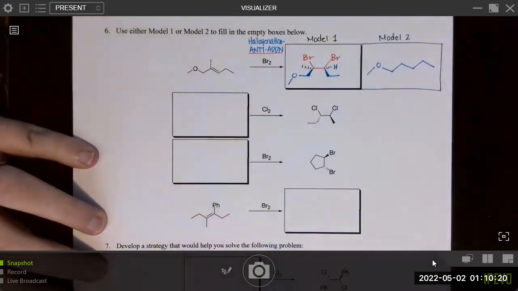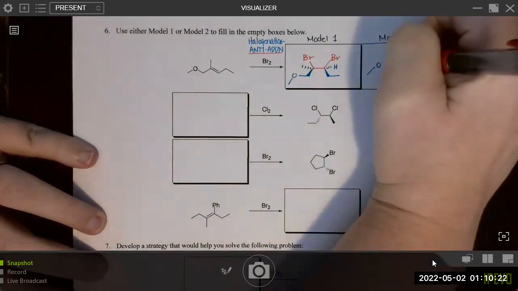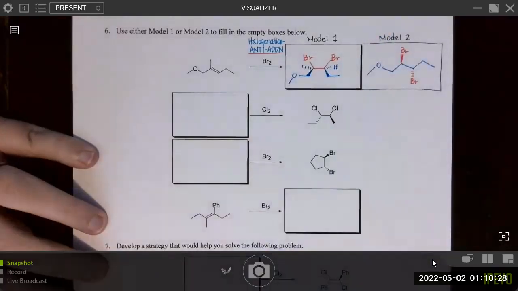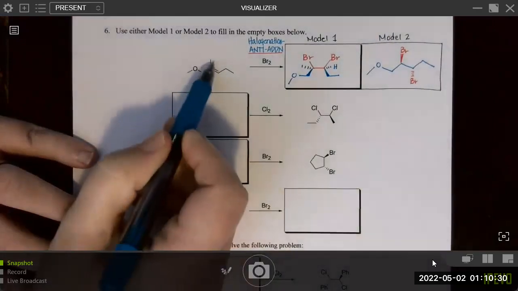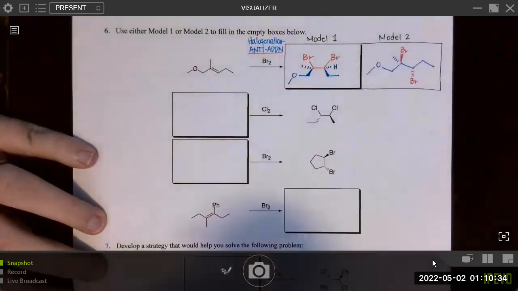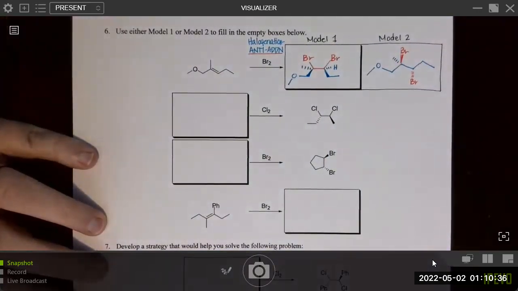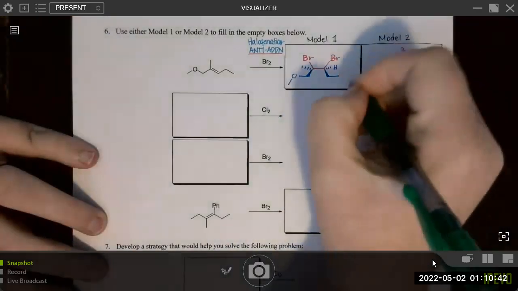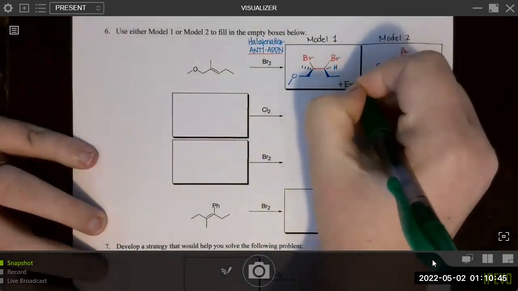So I can do that in a different color. And then note that this methyl would then be pointed back here. You can just write CH3 or just leave it like that. So that would be model 2. Remember that these will always also give.